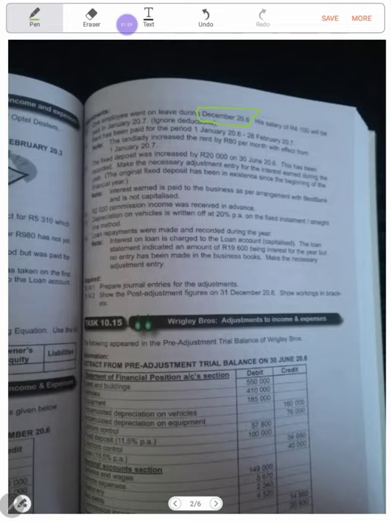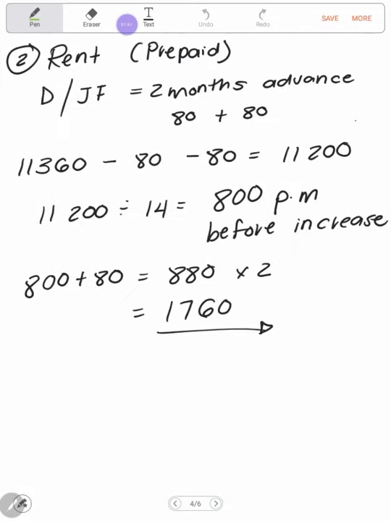Moving along to number 2. Rent has been paid for the period of the 1st of January 20.6 to the 28th of Feb 20.7. The landlady increased the rent by 80 Rand per month with effect from the 1st of January. So I've got the calculation over here, and it is a prepaid expense. When does our financial year end? It ends in December. All right, and they're saying that we've paid the landlady for January and February, so that's 2 months in advance.